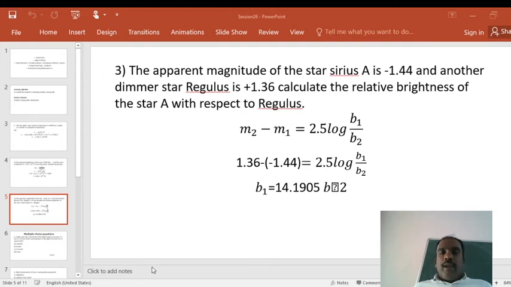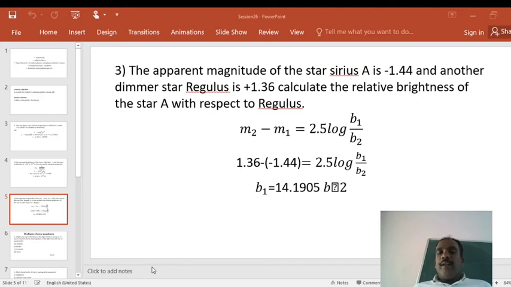The apparent magnitude of the star Sirius, m1, is given as minus 1.44, and for the other star, m2 is 1.36. Calculate the relative brightness, so b1 can be calculated.